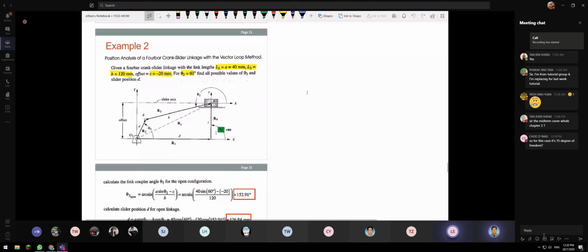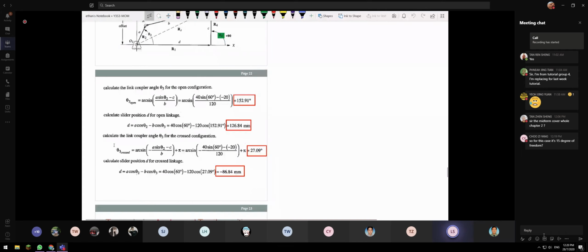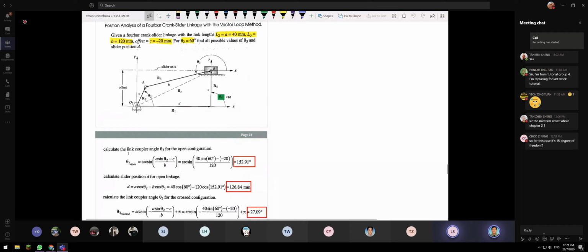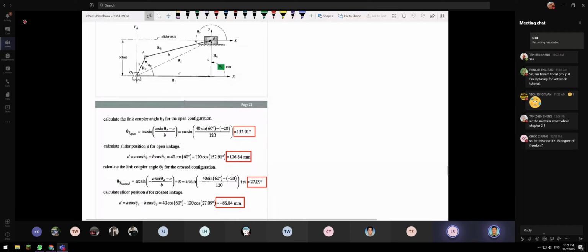No, because this happened to be given here. But if not, the equation here is only given to calculate the theta 3. You see, this is the offset mechanism, right? At this moment you can see the theta.